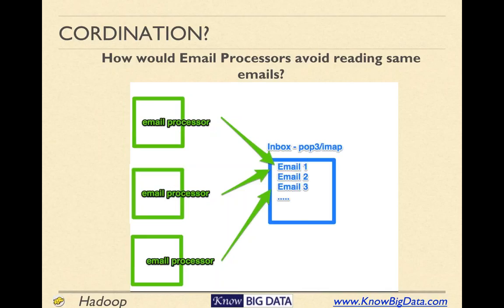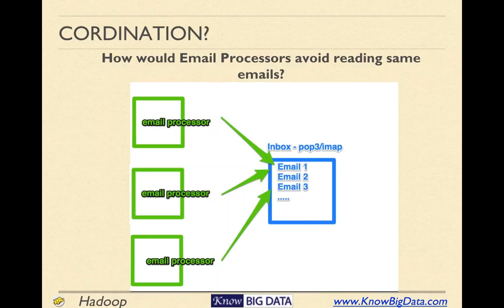The other insight is that each email has a unique identifier. Now, question to you is, how would you make sure that no two email processors process the same email? If one email processor is working on an email, don't process it again.